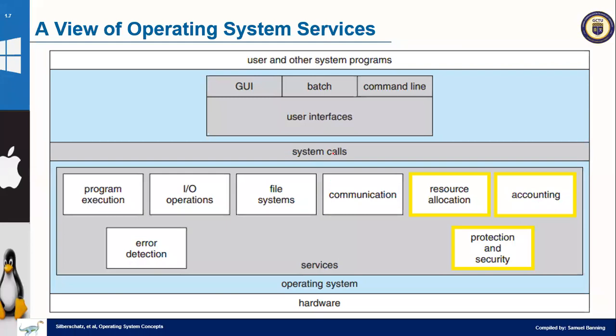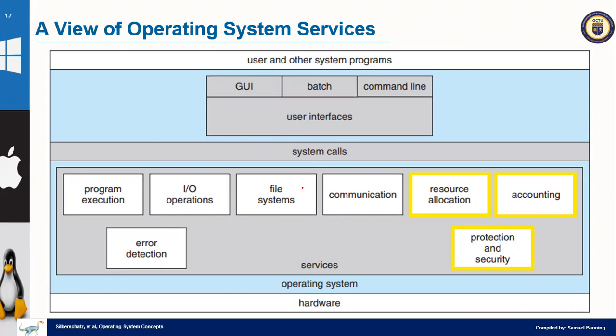We have the system calls. These system programs or the computer programs that we use, they make system calls to these services. If a program needs to execute a program, it needs to make a system call. If a program needs to execute an I/O operation, it makes a system call.